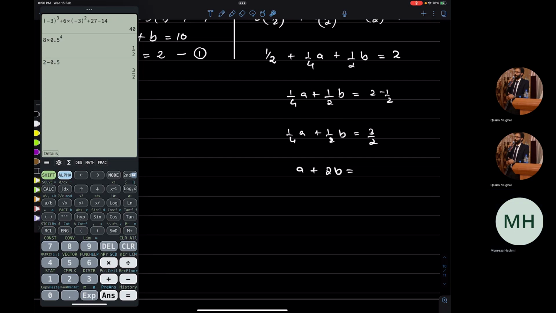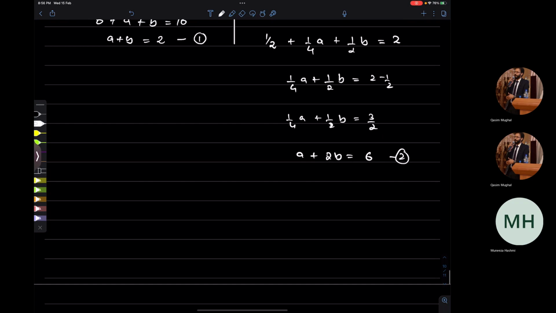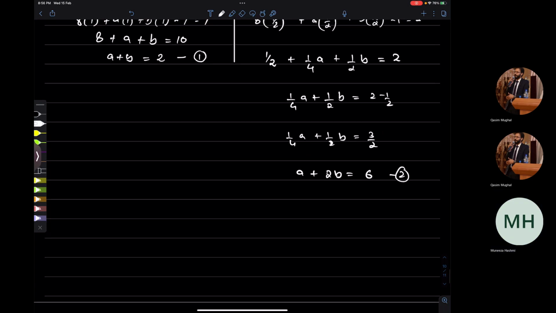And 4 times 3/2 gives 2 times 3, which is 6. That's equation number 2. I'll be solving both of these equations simultaneously. Okay? Yes, sir.